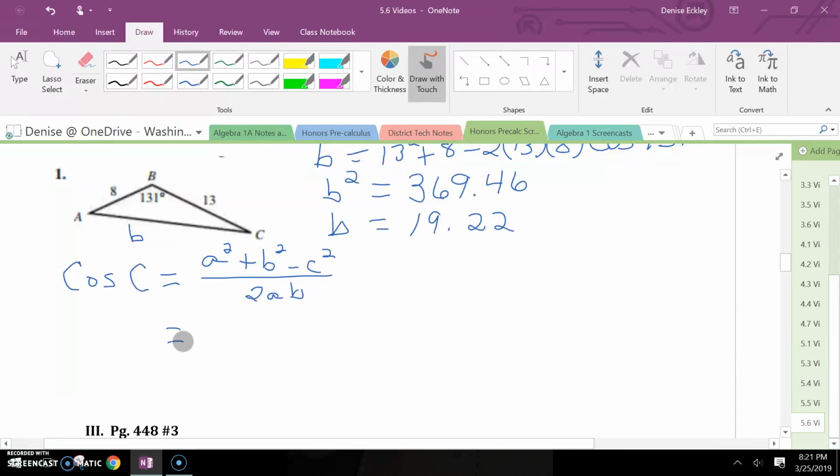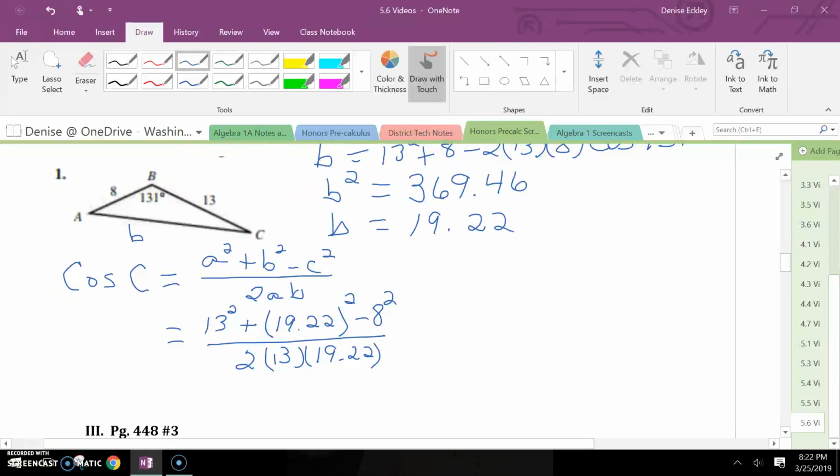So filling in everything, we have 13 squared plus, and the value we just found in the first part, our B, is 19.22 squared minus 8 squared. And that is going to be divided by 2 times 13 times 19.22.